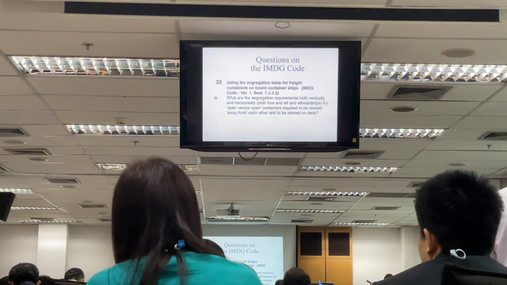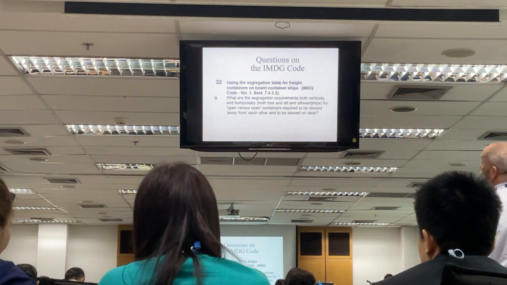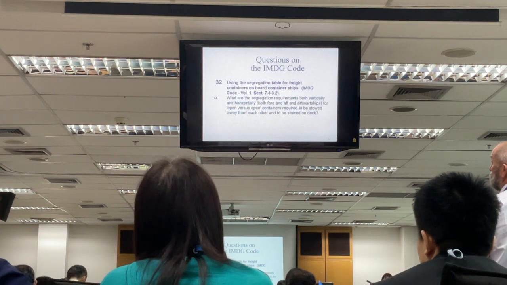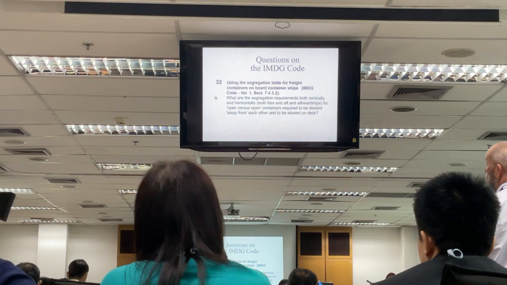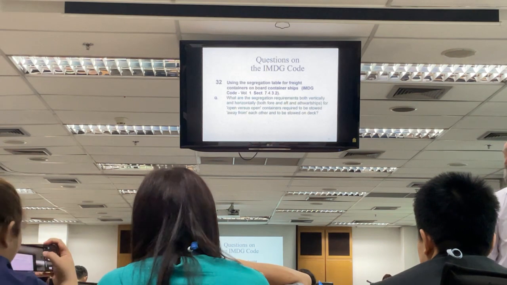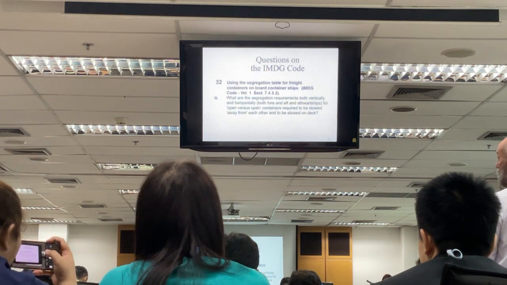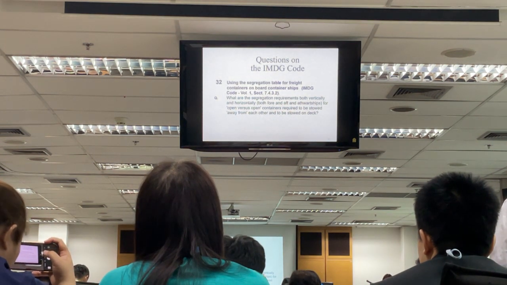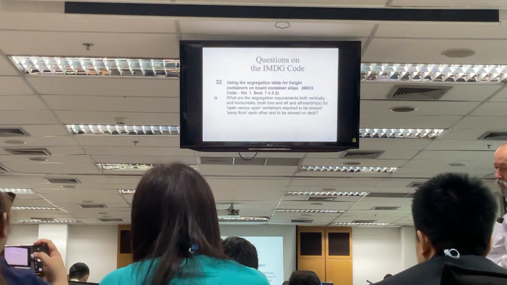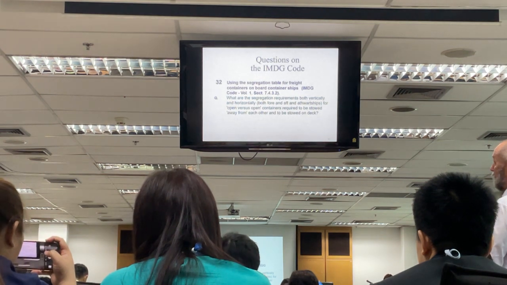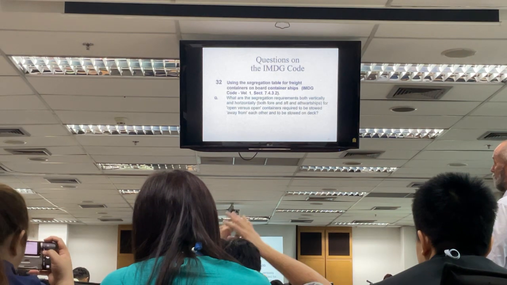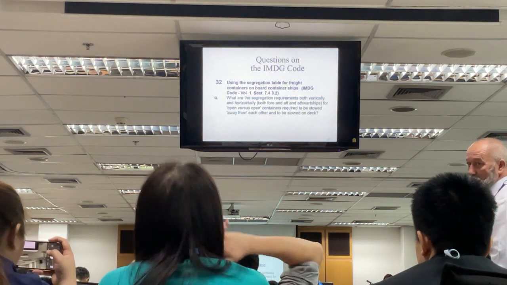32. Using the segregation table for freight containers onboard container ships, perhaps Captain will show you, help you with this. What are the segregation requirements, both vertically and horizontally, fore and aft, for open versus open containers required to be stowed away from each other and stowed on deck?